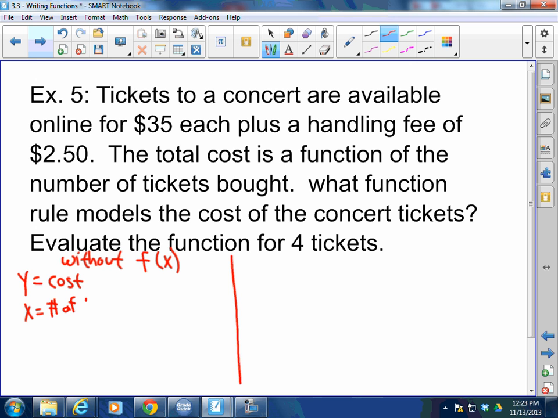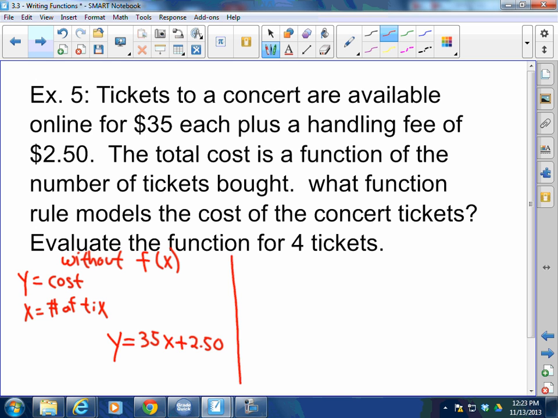Very good. What's my function, guys? Y, which is my total cost, equals 35x, each, yes, plus 2.50. Does everyone see what I did there?